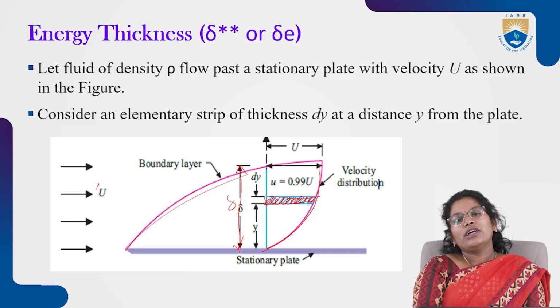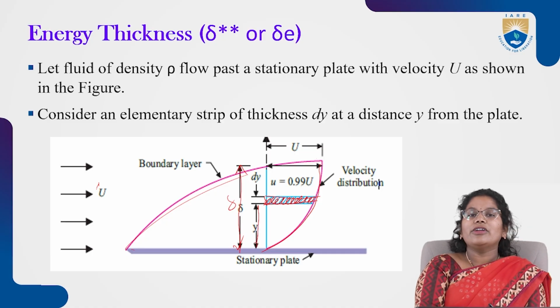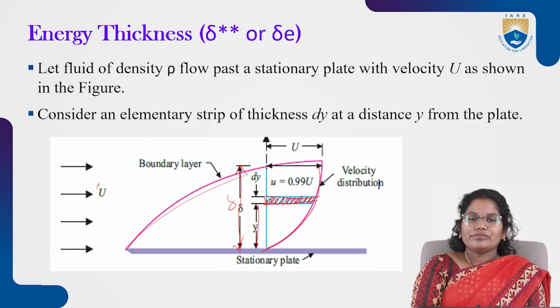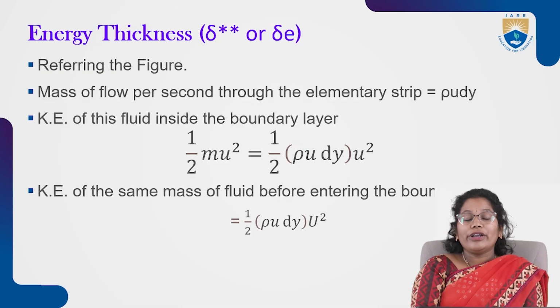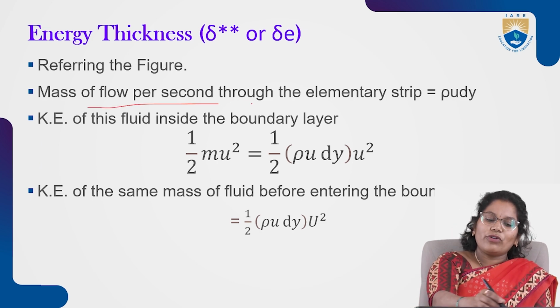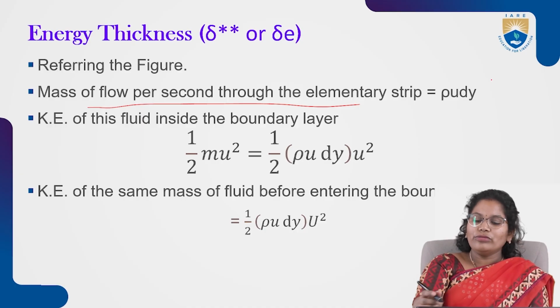The elementary thickness of the strip is dy and the distance from the elementary strip to the boundary is small y. The fluid is flowing with density rho. From the above figure, the mass flow rate of the elementary strip, as we know, is rho u dy.